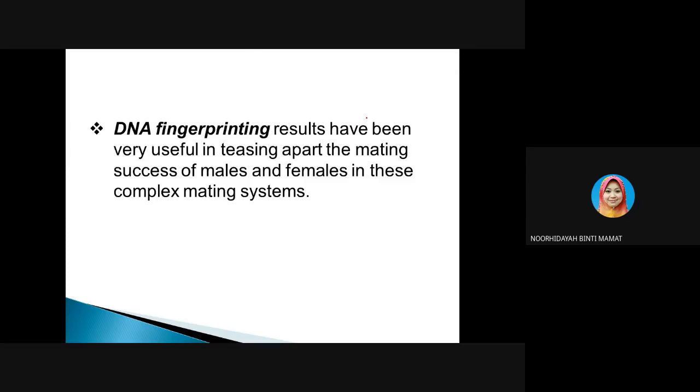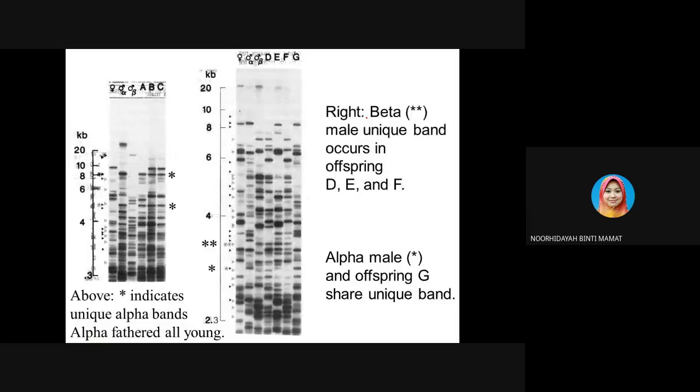This is a complex mating system. So for example, here we have one female, the alpha male and also the beta male. We have seven young, A, B, C, D, E, F, G. So one female and two males, alpha and beta, and seven chicks.